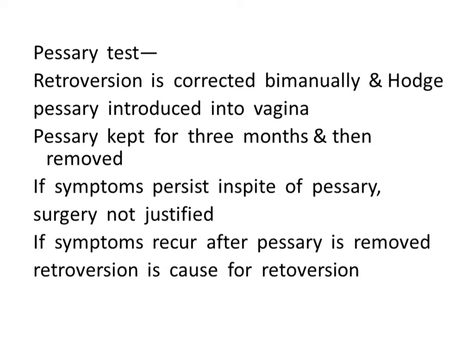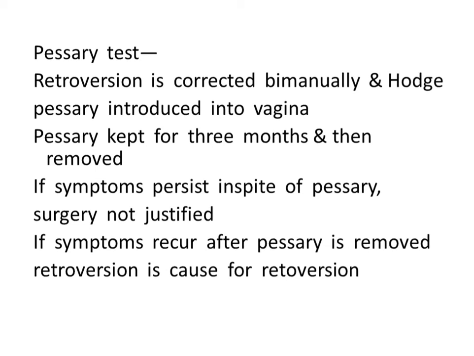So you are correcting this retroversion, making the uterus anterior, and it stays in the anterior position because of the presence of the Hodge pessary. So you do a bimanual examination with your fingers, manipulate the cervix and the uterus, bring the uterus forwards, that is, correct the retroversion, and then put the Hodge pessary. This Hodge pessary will then retain the uterus in the anteverted position.